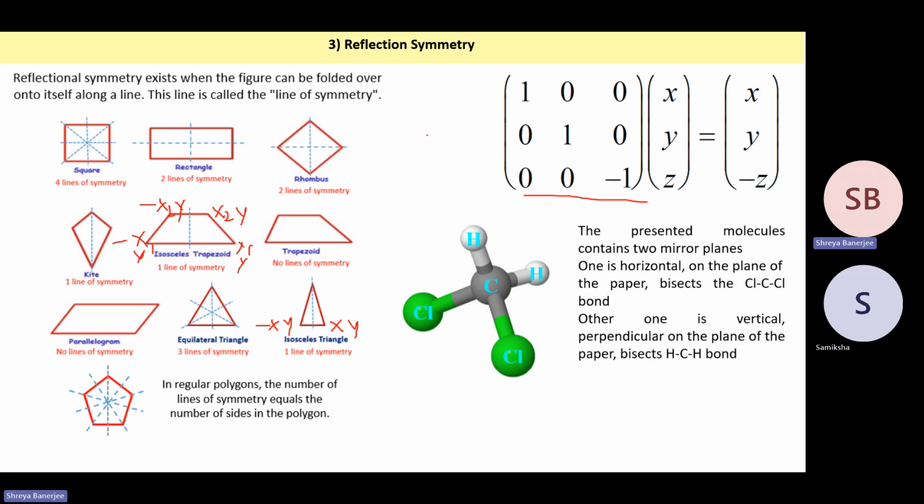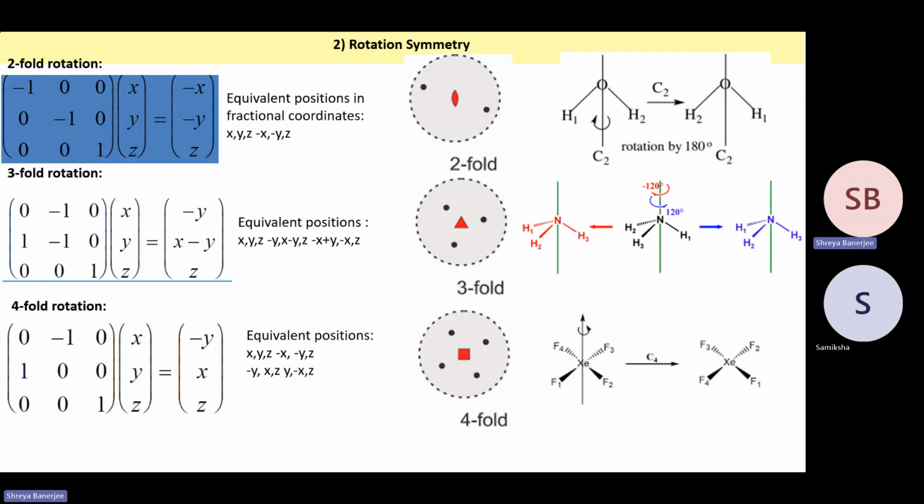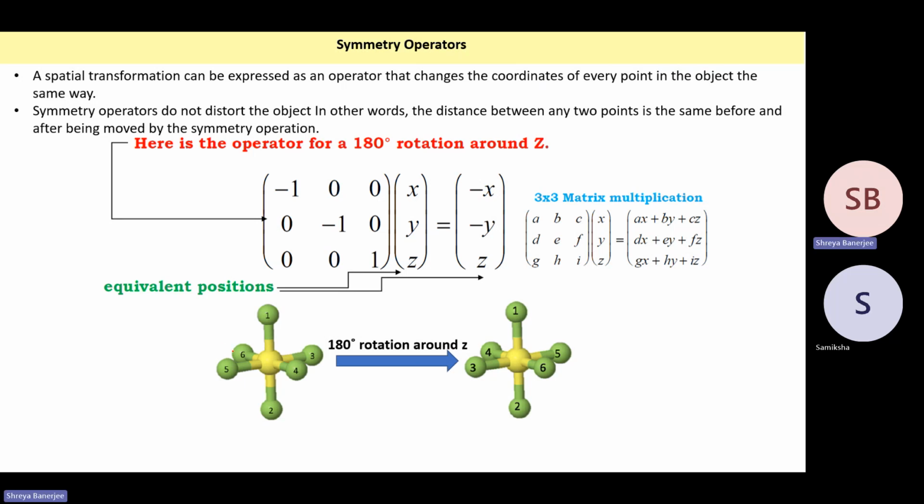So if we imagine it in a 3D way, let me go back to this molecule. Imagine you have a reflection plane along this. Then suppose this has xyz, xy will remain the same, z will become minus z.